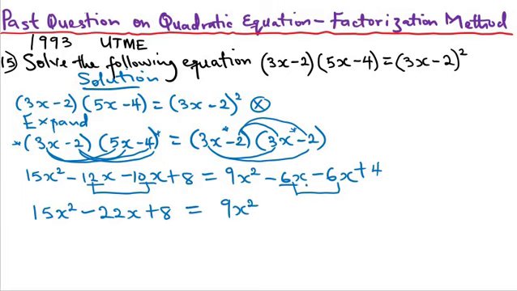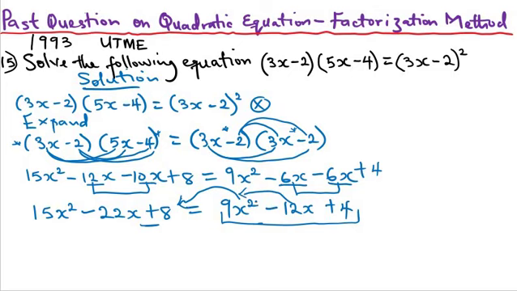Now I have minus 6x minus 6x gives me minus 12x plus 4. So now the next thing we're going to do is to take everything in the right hand side to the left hand side. So everything on the right hand side has to cross the equation sign.